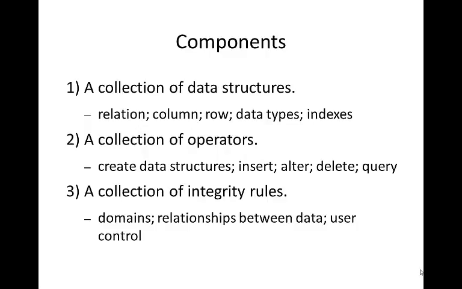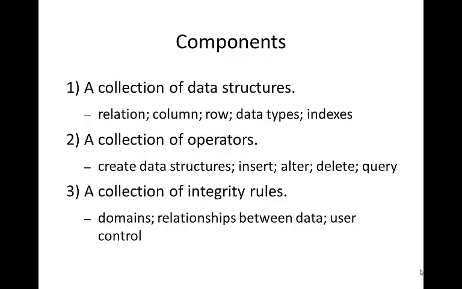And the third thing is a set of integrity rules. Integrity rules control what data goes into the database, what's allowed to a certain degree, so that you can't put text into a field that's defined as numeric, storing numbers.